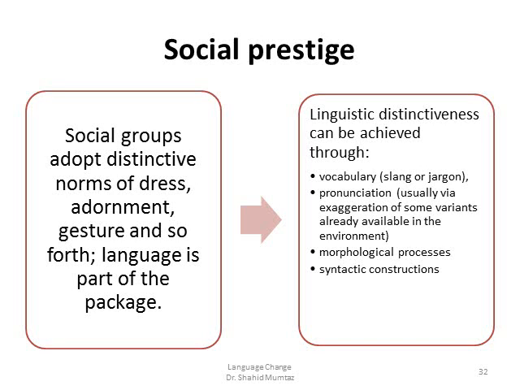Linguistic distinctiveness can be achieved through vocabulary, slang or jargon, pronunciation, usually by exaggeration of some variants already available in the environment, and morphological processes and syntactic constructions. So they use language differently and distinctively, and this way changes also occur in the language.